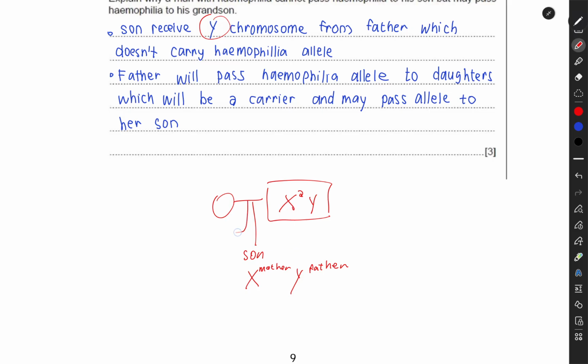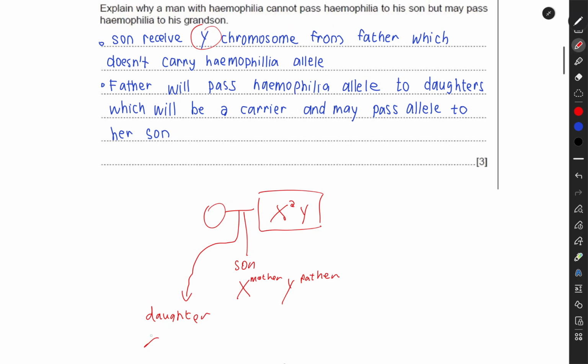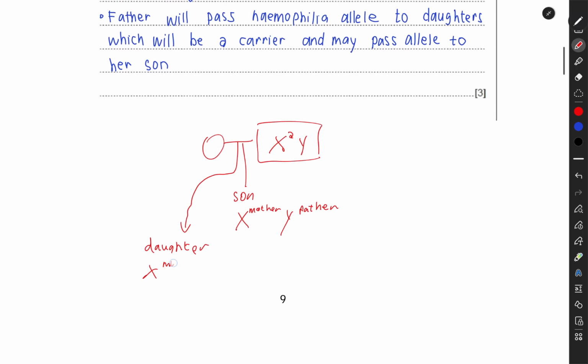But if they have another daughter, she of course gets an X chromosome from the mom and an X chromosome from dad, which contains the hemophilia allele.